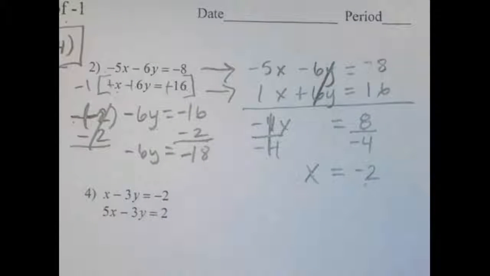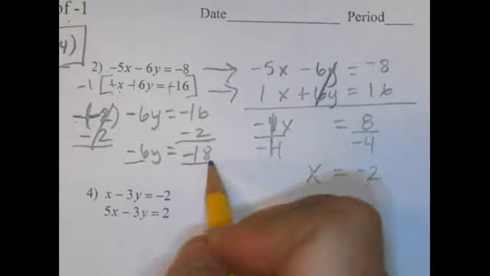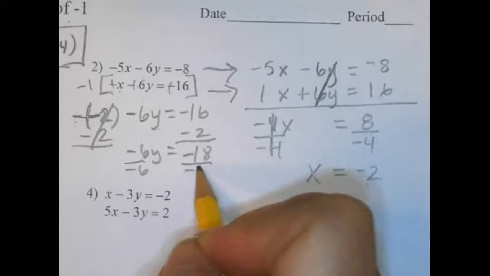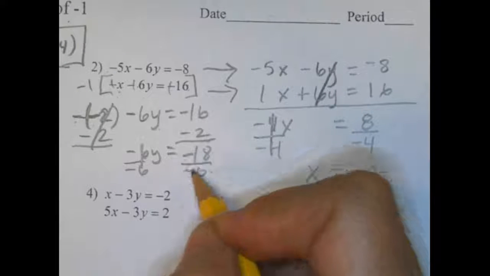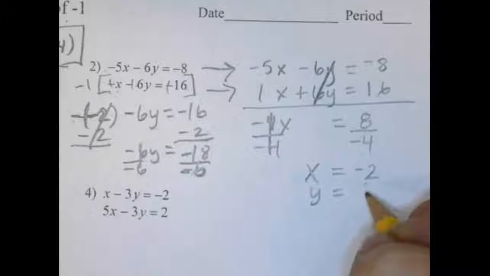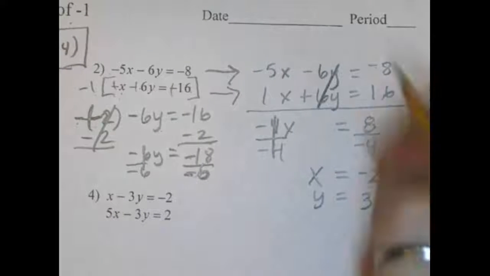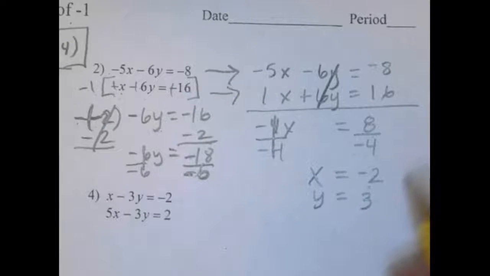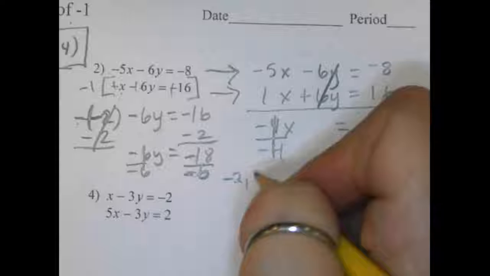Polish it off by doing what? Divide both sides by what number? Negative 6. What does y equal? No. A negative divided by a negative is going to give me a positive answer. What is 18 divided by 6? 3. So my answer in ordered pair form is going to be negative 2, comma 3.